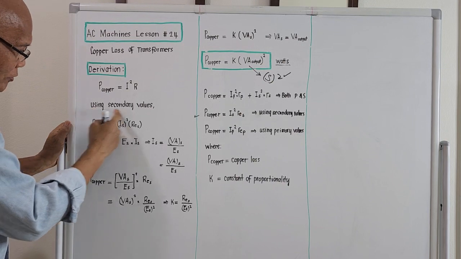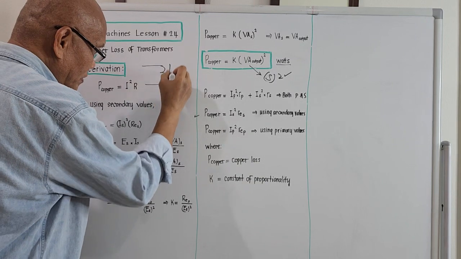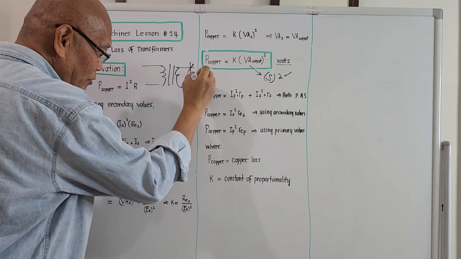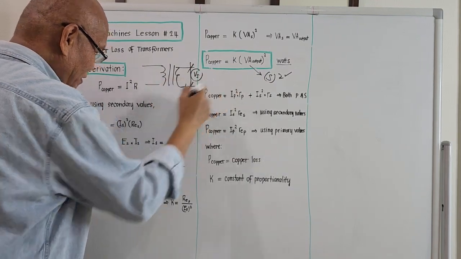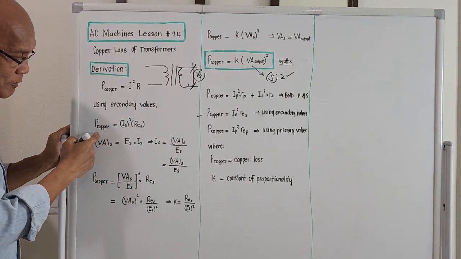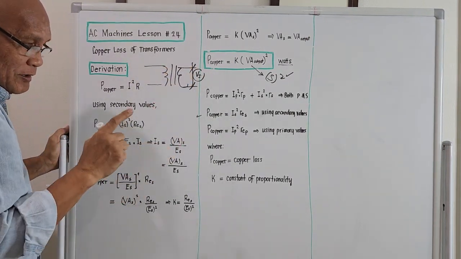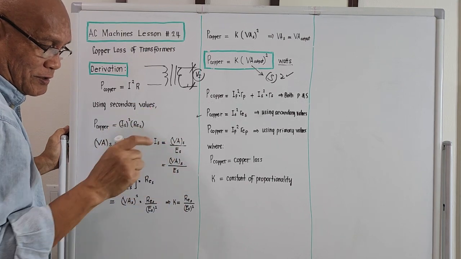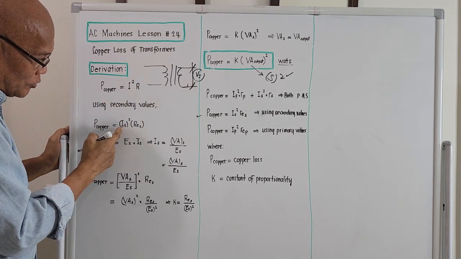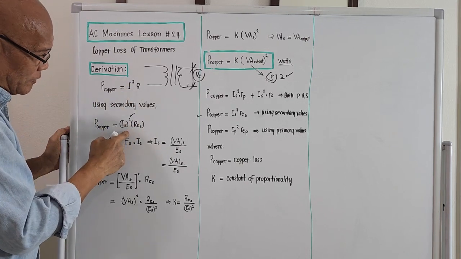Using the secondary values, actually, we are given here a transformer, right? If we use the values on the secondary, then capital letter P with the subscript copper, meaning the copper losses, should be equal to, using the secondary values, all the subscripts referring to S, meaning secondary. So this current I will place a subscript: capital letter I with the subscript S raised to the second power, multiplied by the resistance.